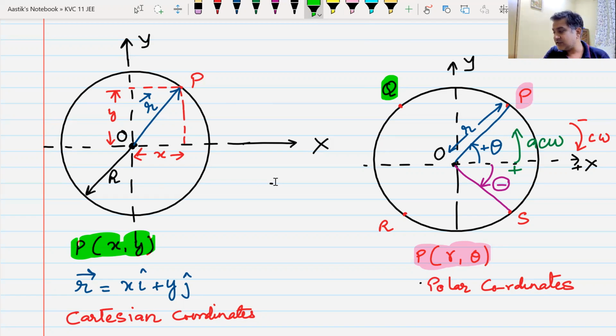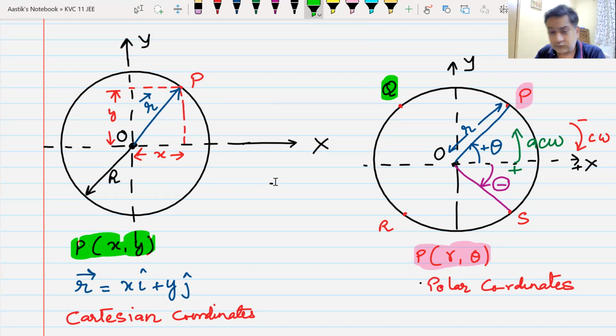The particle has changed its angular position, and therefore comes the next term. Can you tell me what is the next term that is going to come? The first term was angular position. Now the particle has changed its position. What is the second term that is going to come? Anyone?